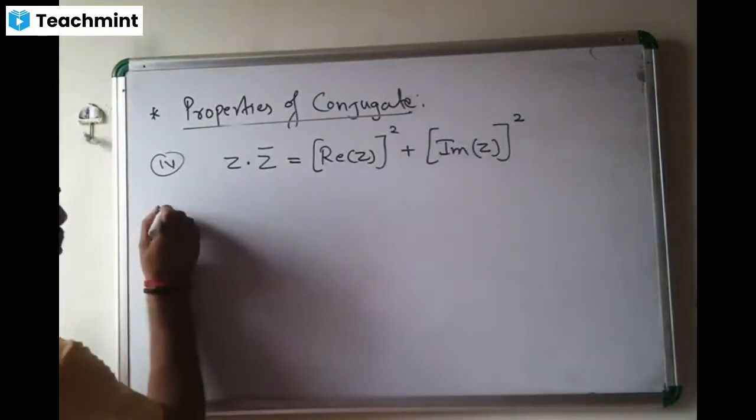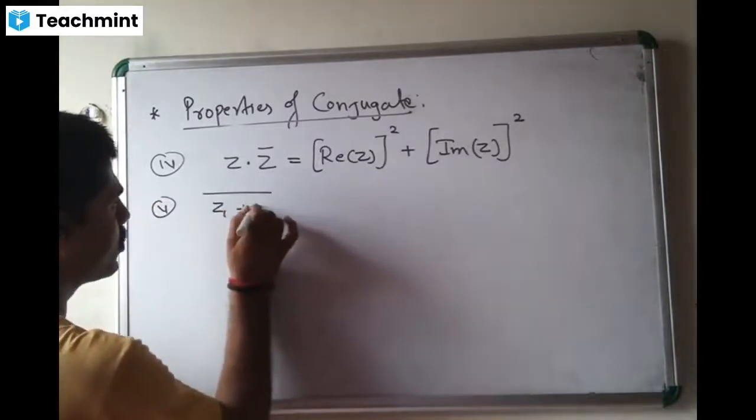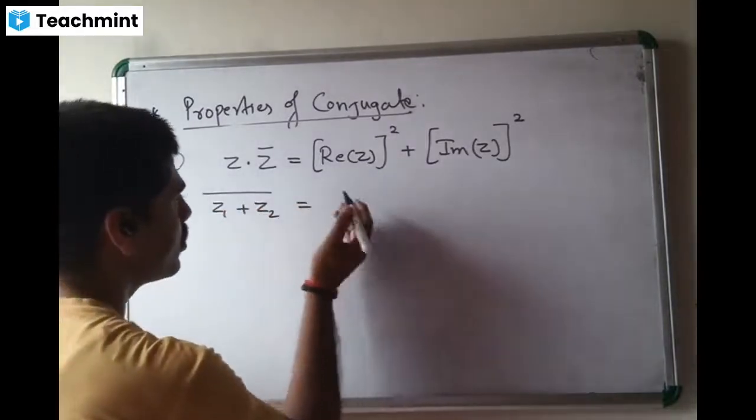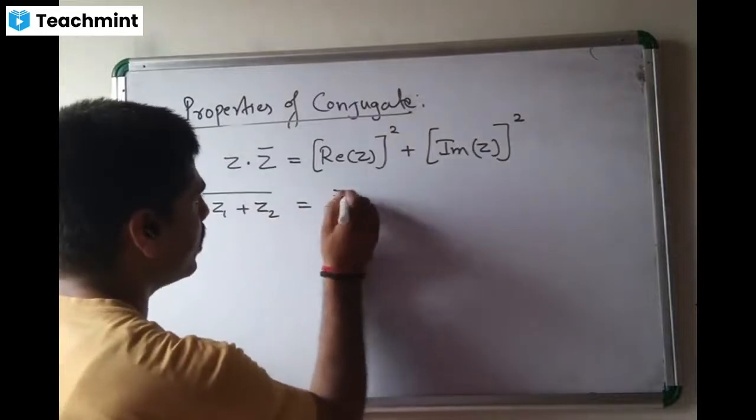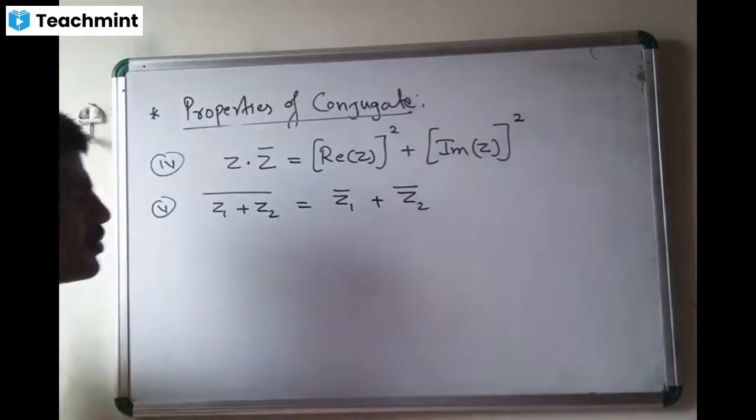Now see the next. Conjugate of Z1 plus Z2 is equal to conjugate of Z1 plus conjugate of Z2, isn't it?